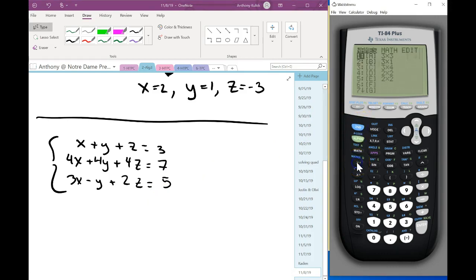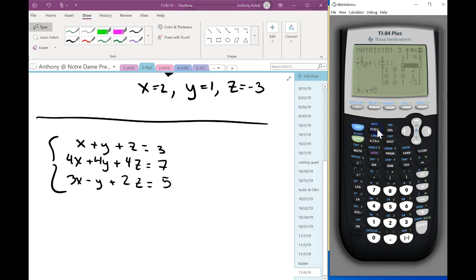I'm going to press second and the matrix button, go to the Edit tab. I'm going to do this into matrix D. So again, this is a 3 by 4. So 1, 1, 1, 3, 4, 4, 4, 7, 3, -1, 2, 5.